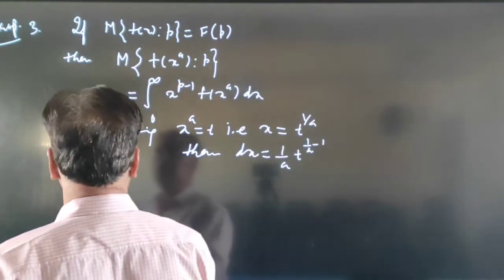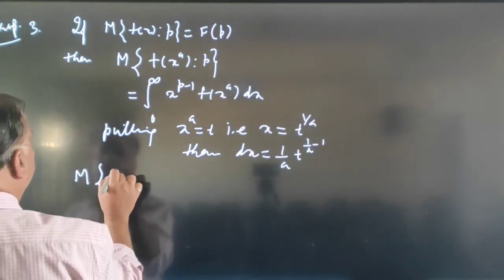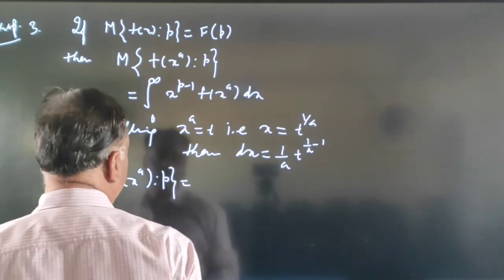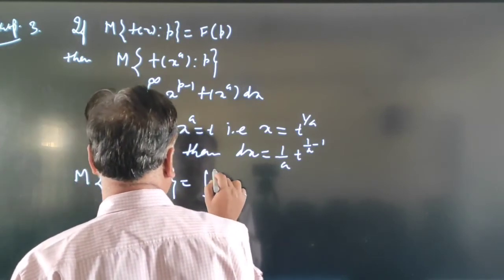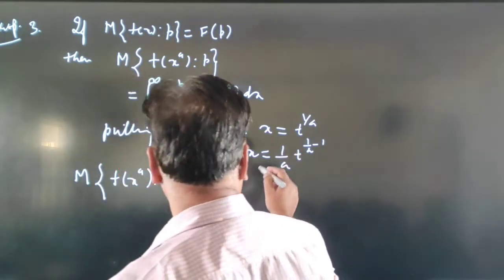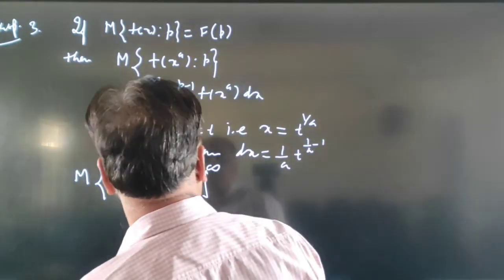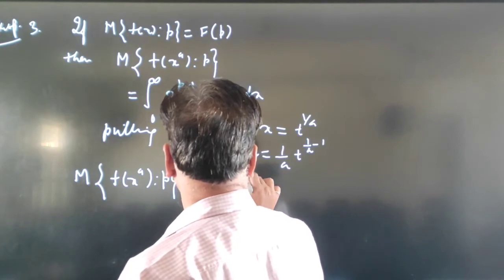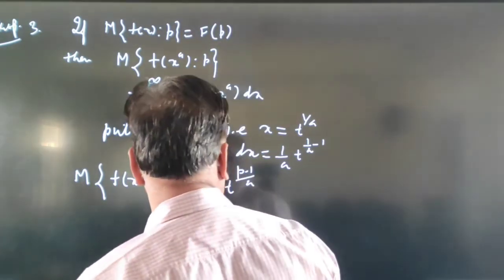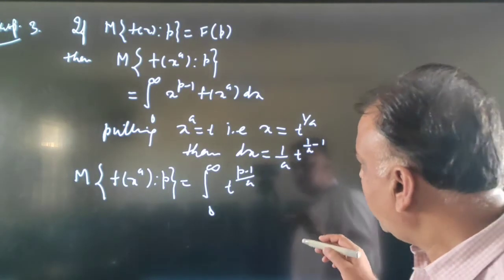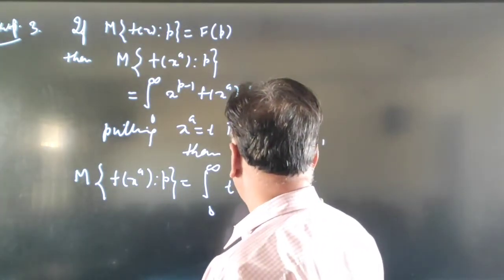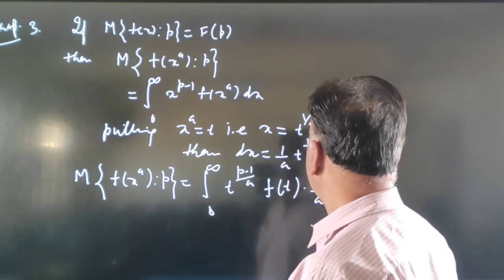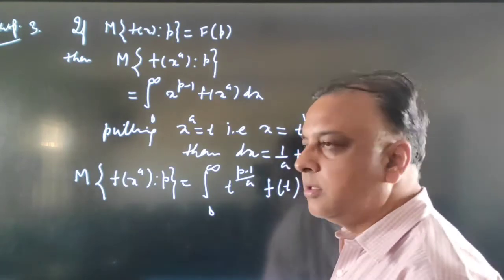So putting these values, we get the Mellin transform of f(x raised to a) with respect to p is equal to the integral from 0 to infinity of x raised to p minus 1, where x is equal to t raised to 1 upon a, so this is t raised to (p minus 1) upon a, f(x raised to a), that is f(t), into dx, that is 1 upon a, t raised to 1 upon a minus 1.